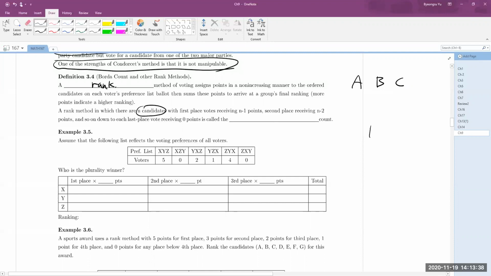For example, you prefer B to A, and you prefer A to C. In this case, B gets n-1 points, which is 2 points, A gets 1 point, and C gets 0 points. In the case of n candidates, the first-ranked candidate gets n-1 points, the second-ranked candidate gets n-2 points, the third-ranked candidate gets n-3 points, and so on, so that the last-place candidate receives 0 points. This is called the Borda count.